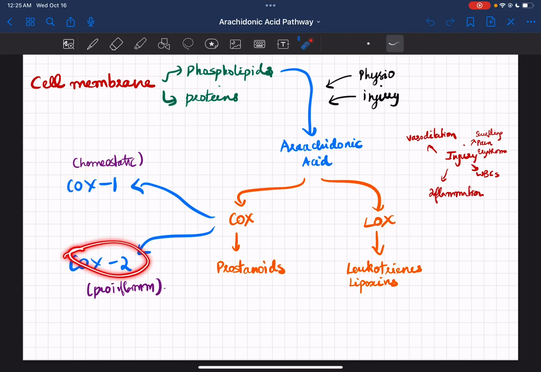But COX2 is a pro-inflammatory enzyme. COX2 only gets activated when there is a specific cell injury or something like that that requires certain chemical factors to go there and act. So COX1 is always active. COX2 is active only during injury or inflammatory conditions, and that's why it is pro-inflammatory.